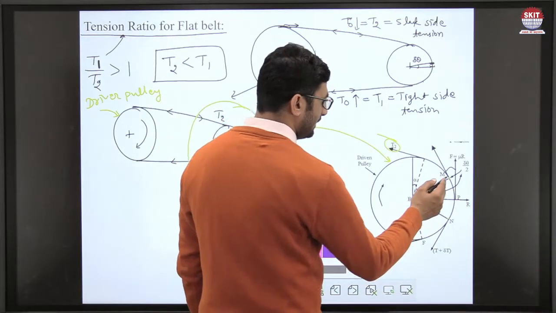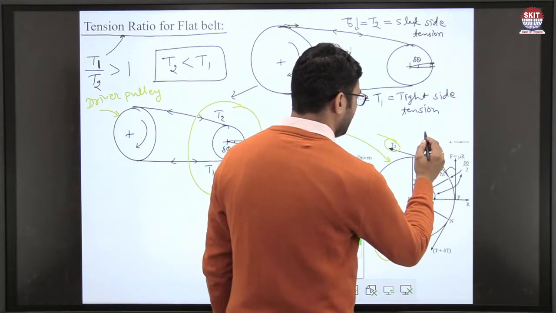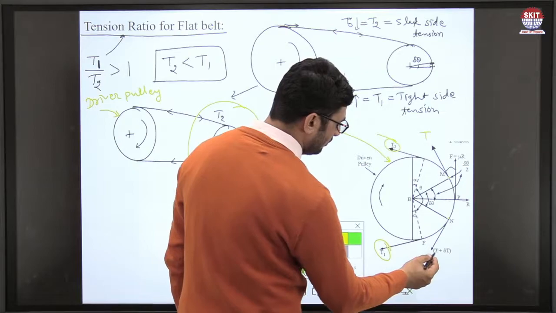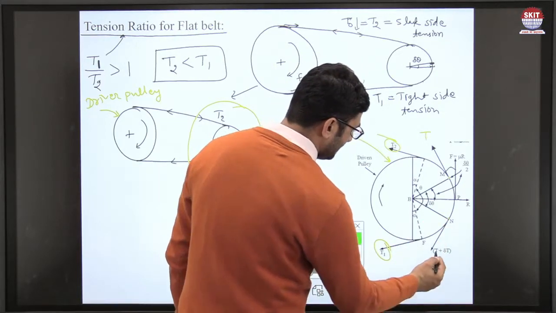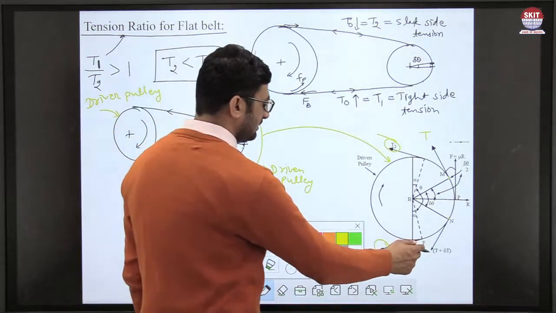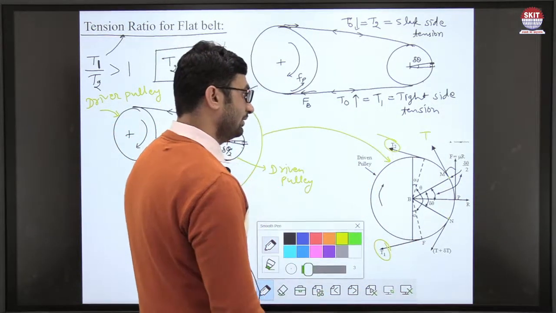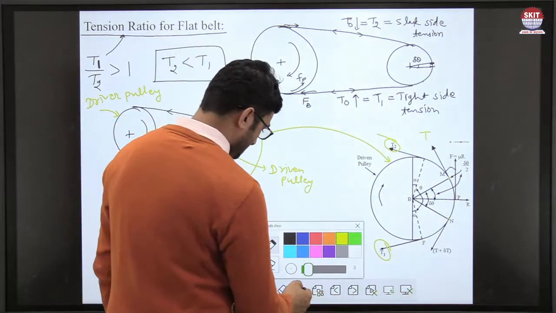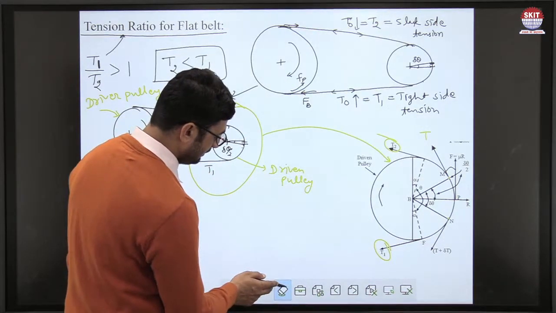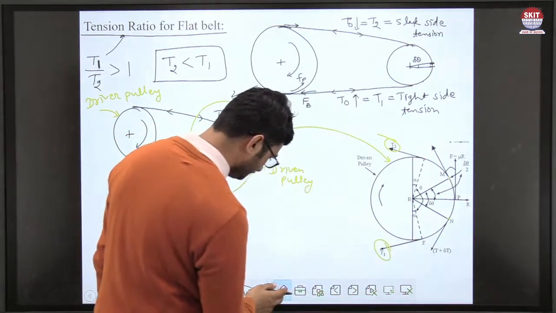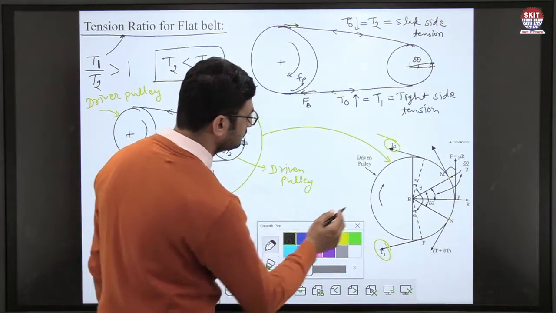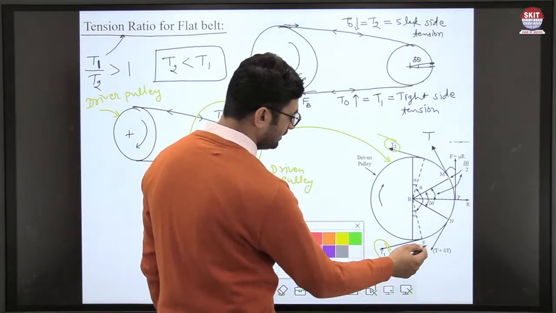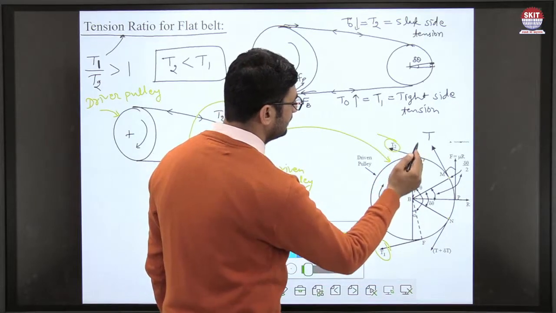We consider the tension at point m on the belt as T, and the tension at point n of the belt as T plus delta T, because this side tension is greater than the upper side tension. So here we use the tension T, and here T plus del T, because this is the tight side and this is the slack side.